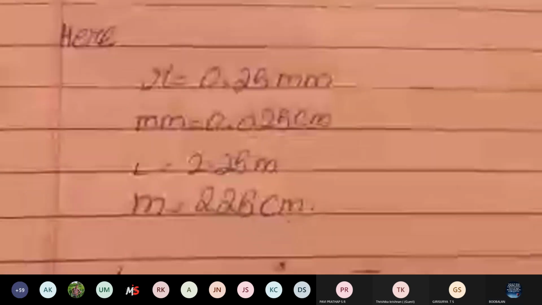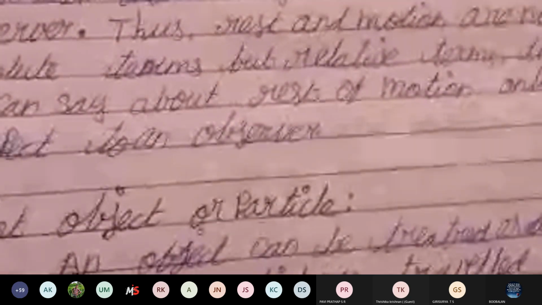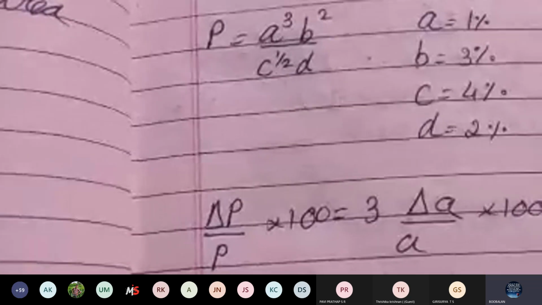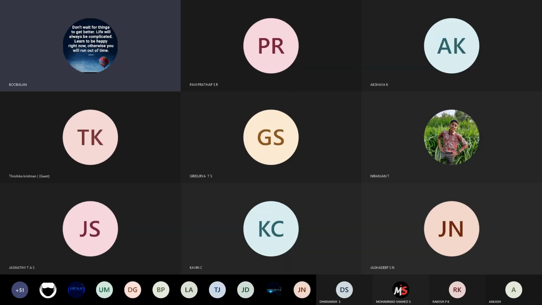Sanjita, yes, 13. Pavi Pratap, okay. Sanjit, okay. Akshara R, show me papers, next page. Oh, very good, thank you, Akshara. Next, any others?